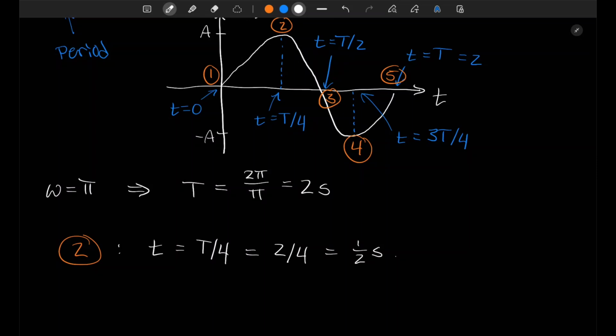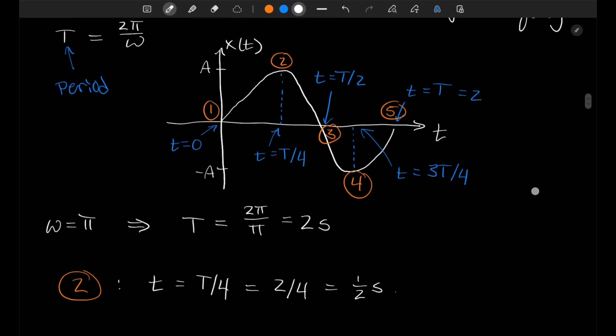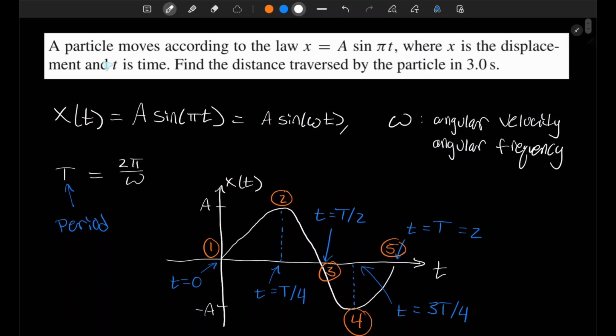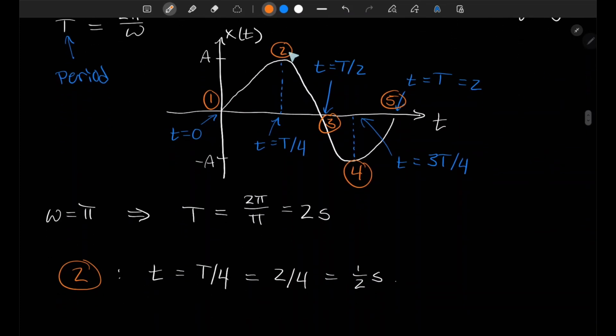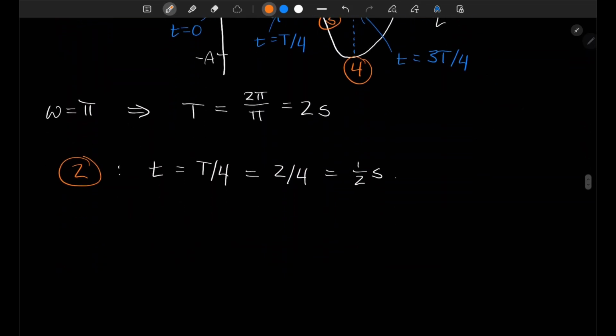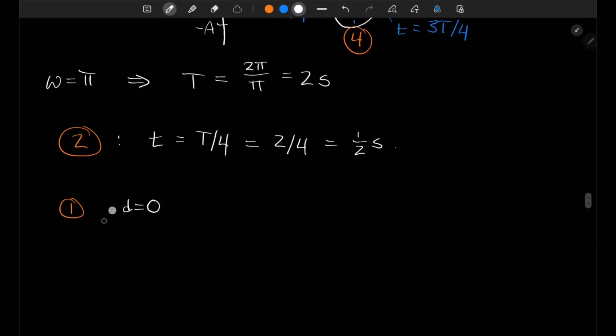And what do we know about how far this particle has moved, because we're talking about a particle here, when it goes from 1 to 2? Well, let's just see. At 1, what is the distance traveled? Delta D is equal to 0, or let's say x at 0 is equal to 0.